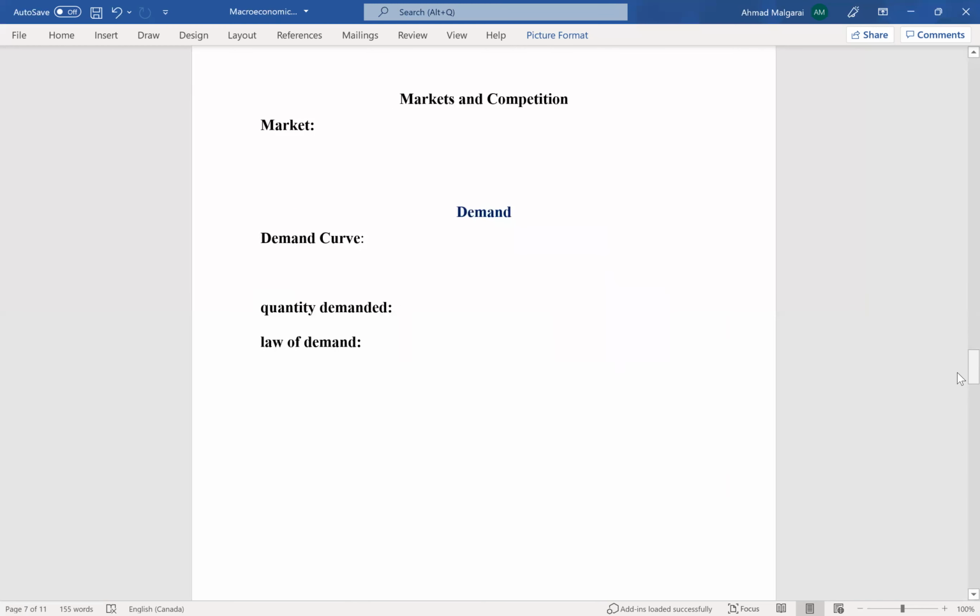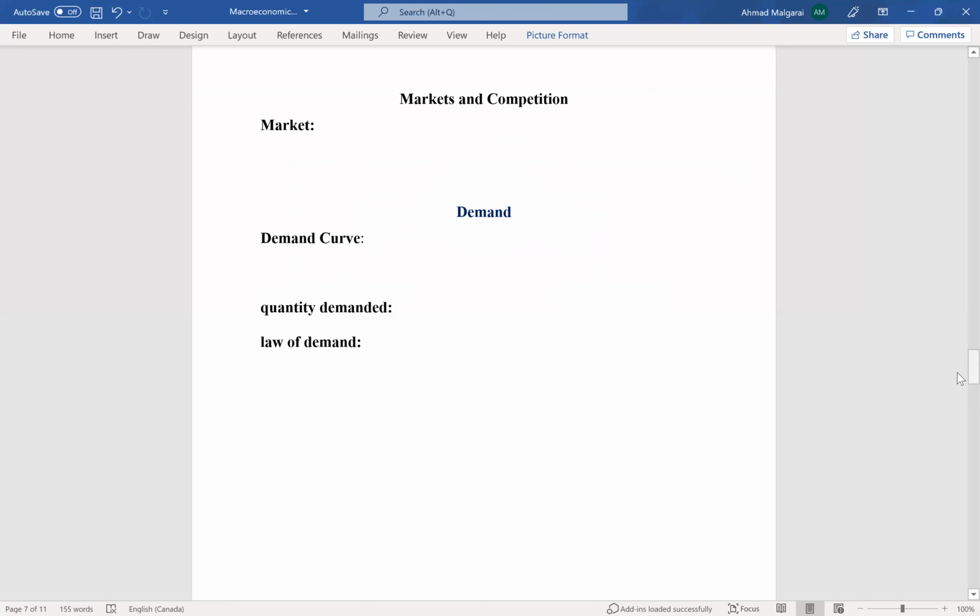Now, markets and competition. What is a market? A market, in short, is a group of buyers and sellers of a particular good or service. This is a place where the buyers and the sellers get together to conduct a transaction.